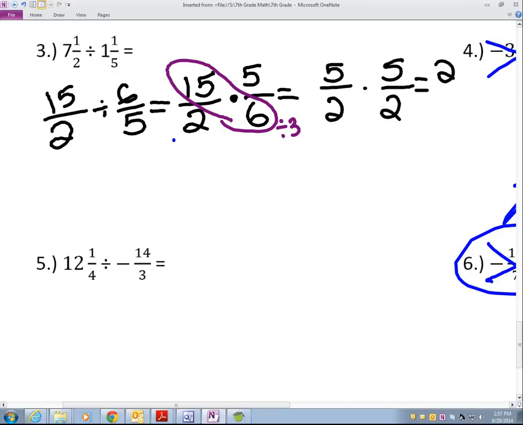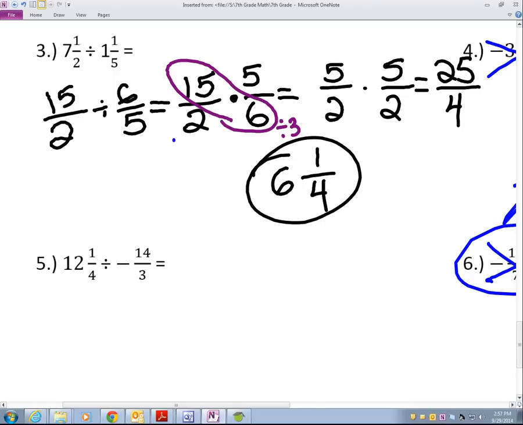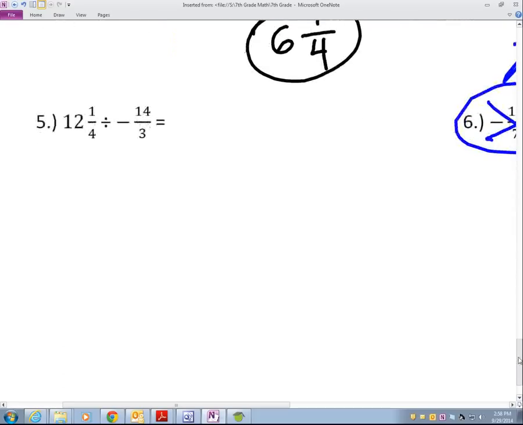Multiply those across. 25 over 4. 25 goes into 4 six times, so it becomes 6 and 1/4. And there are no negatives, so double check that, we're good.